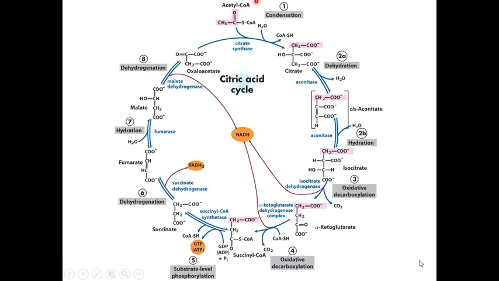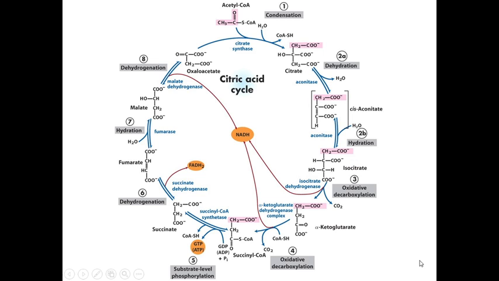And as you can see on the top, acetyl-CoA enters the cycle and it goes through the whole process. And the reason why it's called a cycle is because the final step of the cycle, where oxaloacetate is produced, is further used up along with acetyl-CoA to make metabolites again.